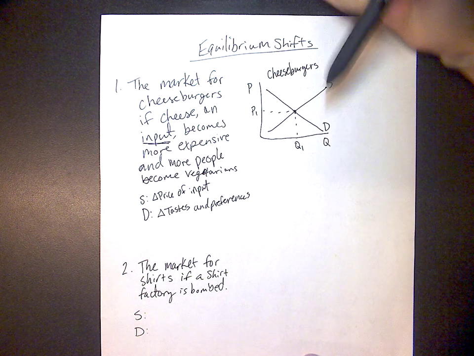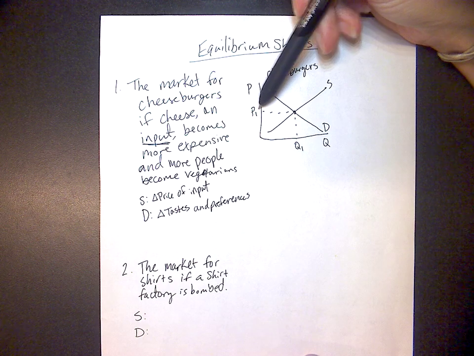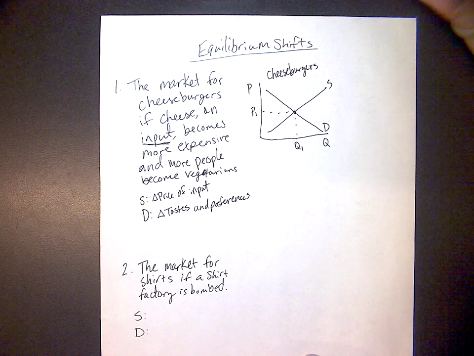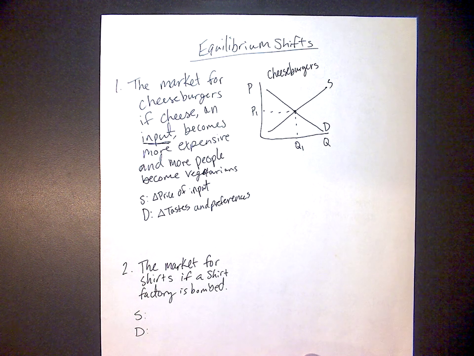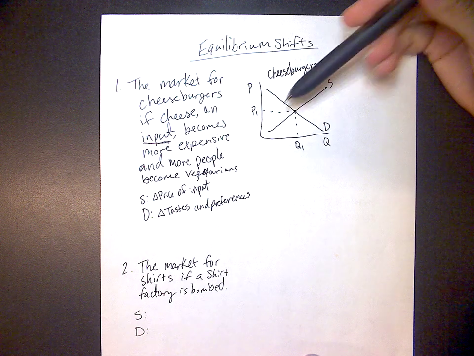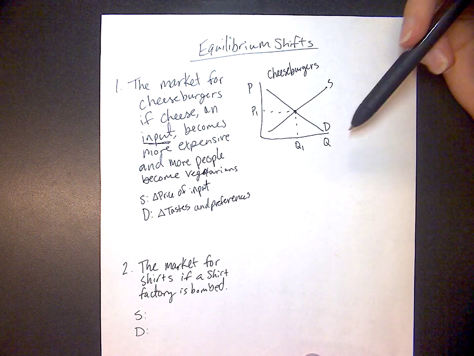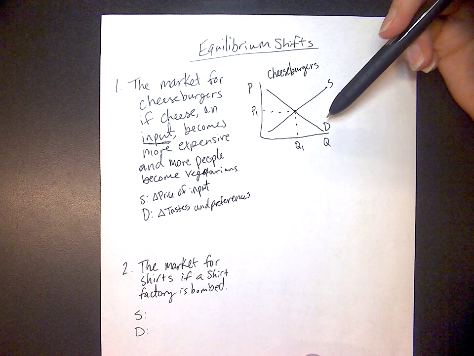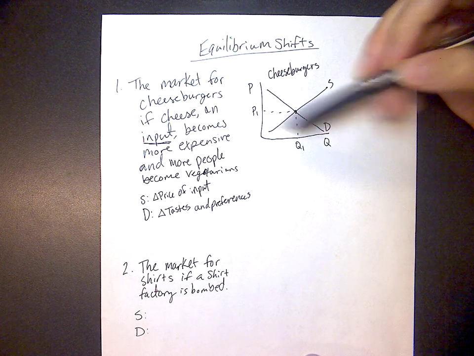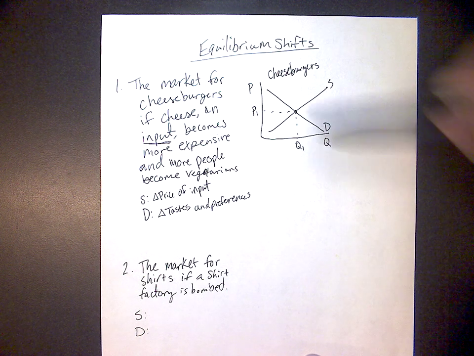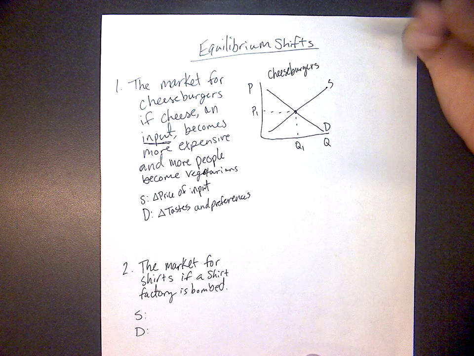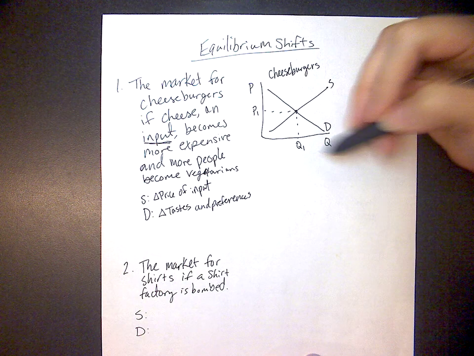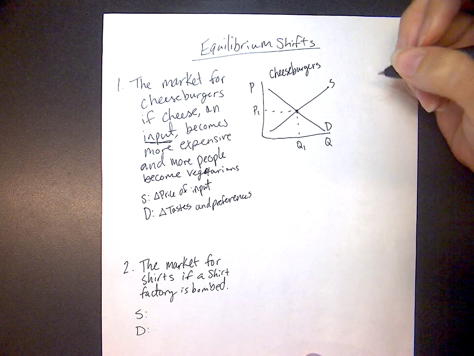On the previous graph, we looked at this as PE, price equilibrium, and QE, quantity equilibrium. But pretty much from here on out, when we're doing these shifts, we're going to be moving from one equilibrium point to another equilibrium point. So we can do just P1, Q1, P2, Q2, because those are all equilibrium prices and quantities. But if you wanted to do PE1, QE1, you could totally do that, and that's also correct.